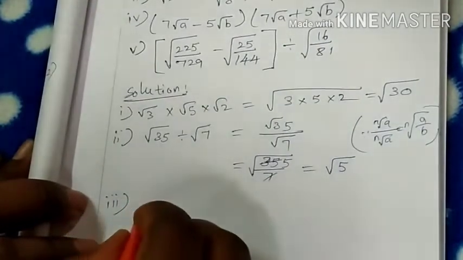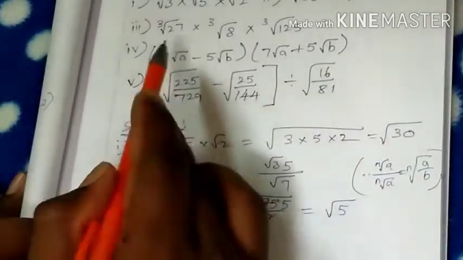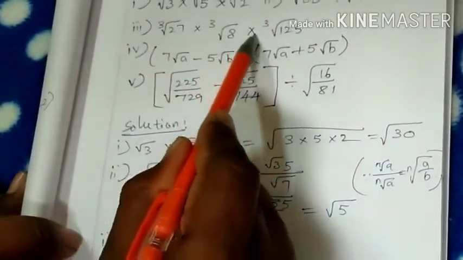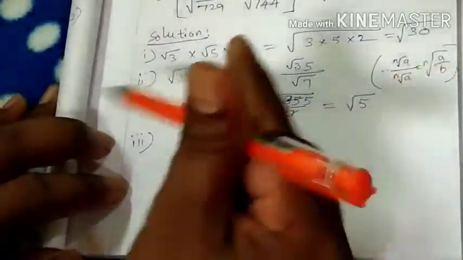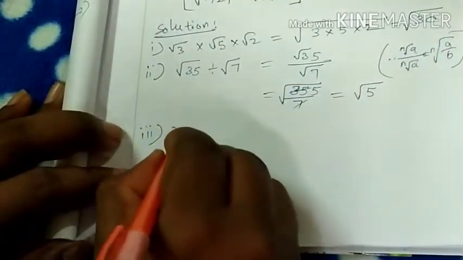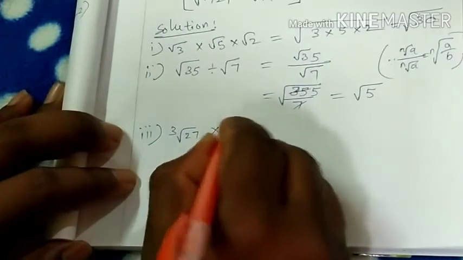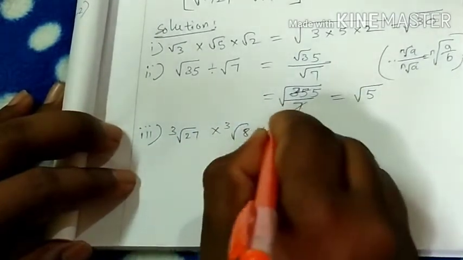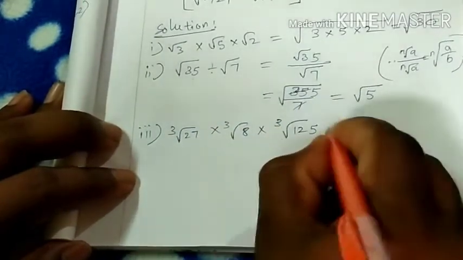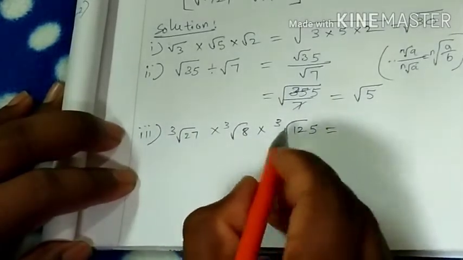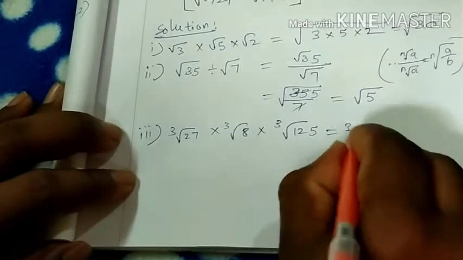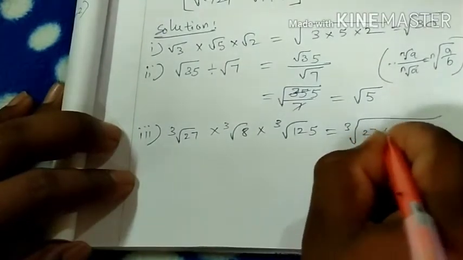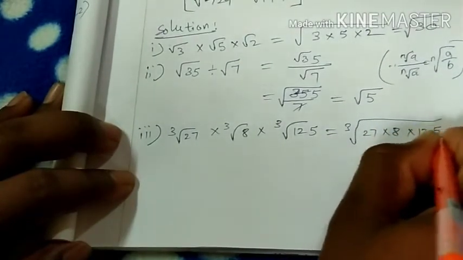Then the third question is cube root of 27 into cube root of 8 into cube root of 125. This is equal to the cube root of 27 into 8 into 125.